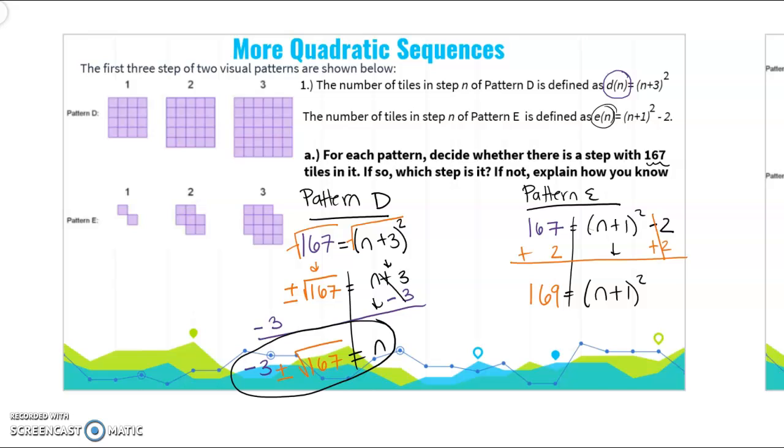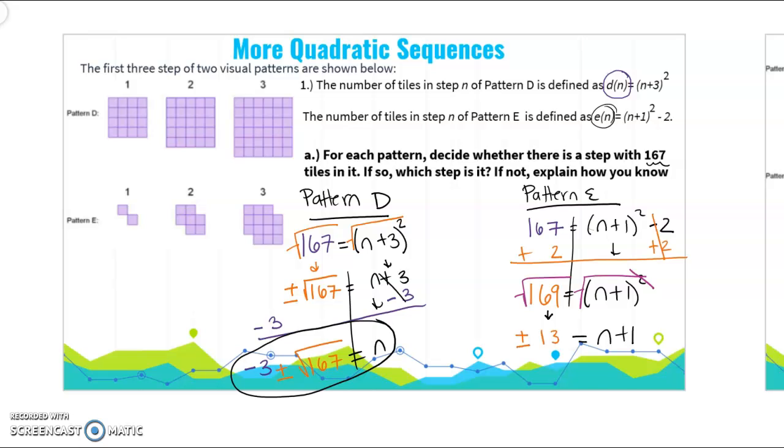Now I can take the square root, meaning I want to cancel out this square by taking the square root. I know my square roots pretty well. The square root of 169 is going to be 13, plus or minus 13 to be exact. The reason I know that is because I memorized them from 1 to 15.